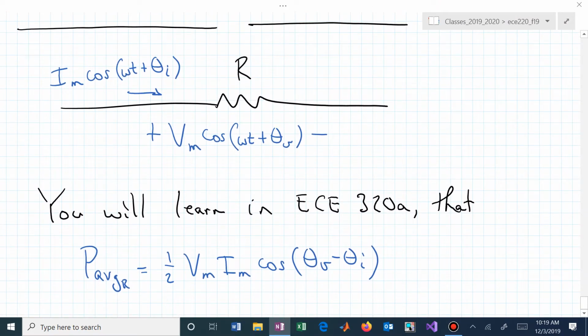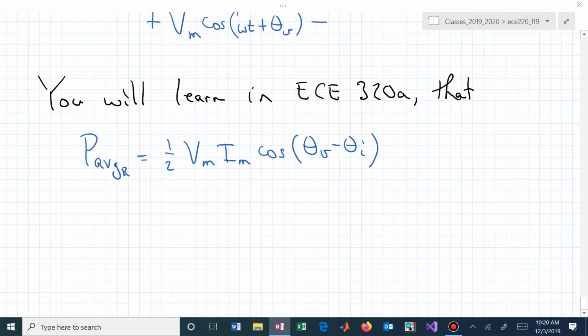That's the average power. So if you know the amplitude and the phase, a phasor of the voltage, if you know the voltage phasor and you know the current phasor, you can immediately write down the average power, because cosine of theta sub V minus theta sub I is just a number. But do you see what I'm going to do?